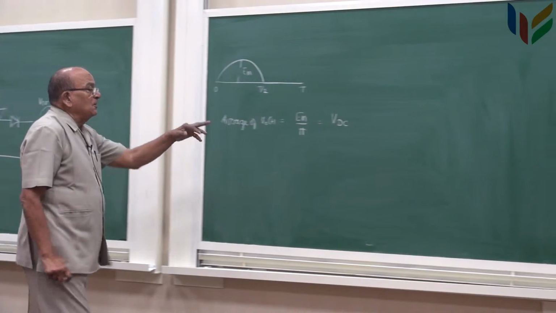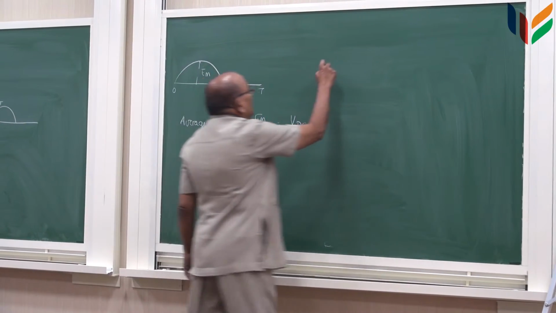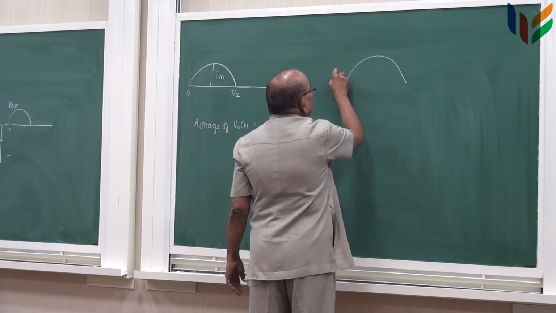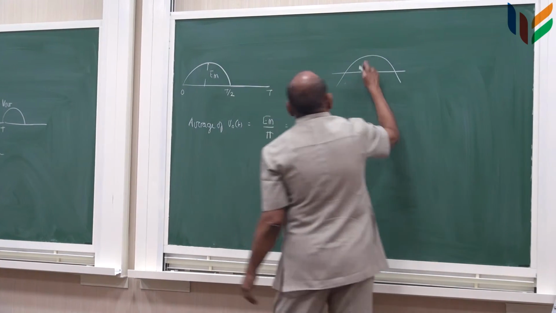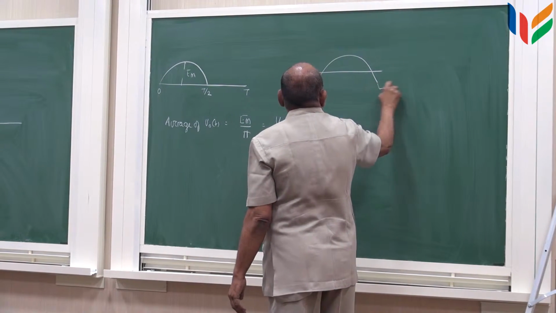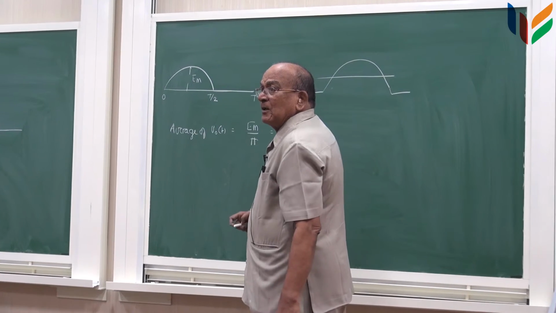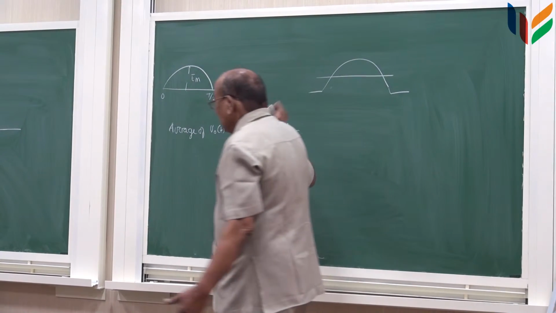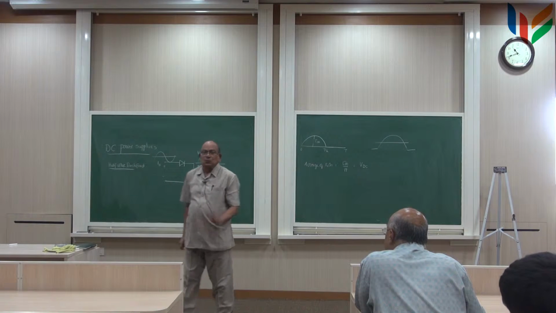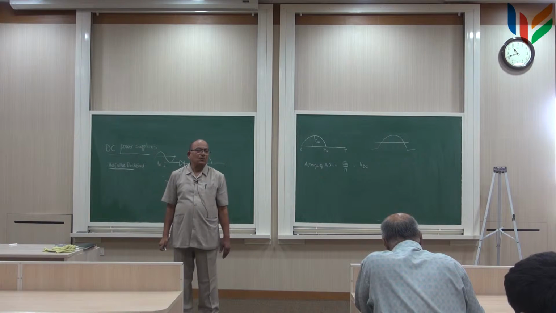But in addition to this VDC, you have this minus this, which is junk. This is not DC, so this creates problems for us. It is not a pure DC output.